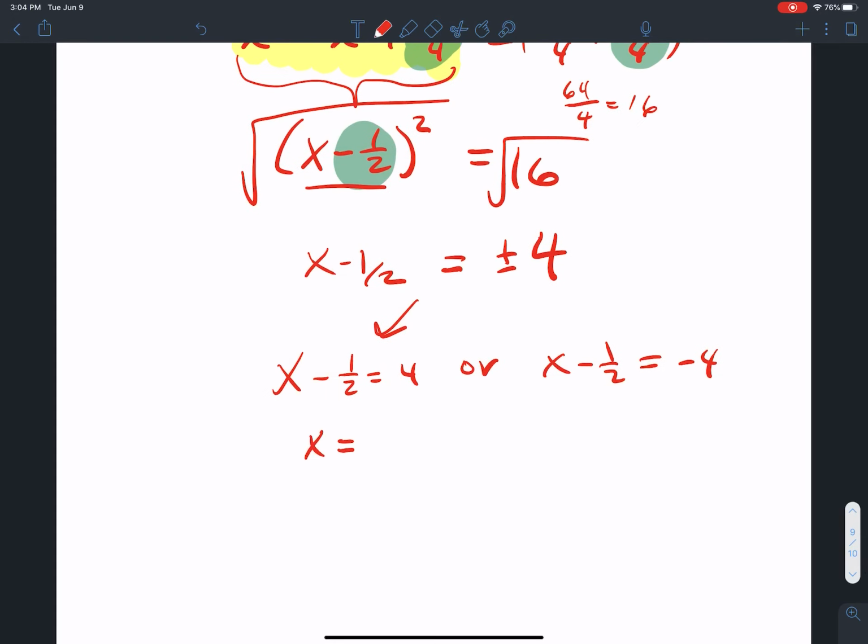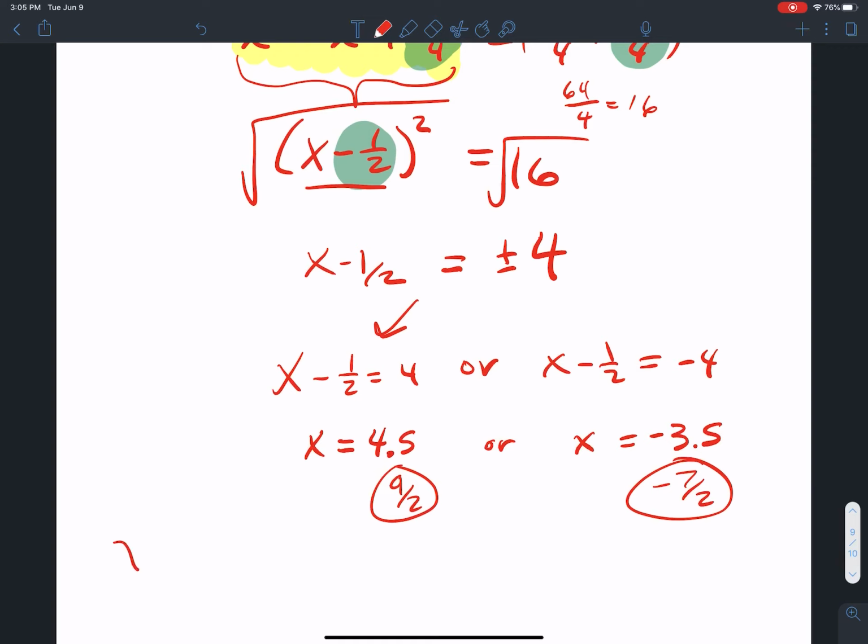So that means x equals 4.5, or x equals negative 3.5. So in fraction form, 4.5 is 9 over 2, and negative 3.5 is negative 7 over 2.